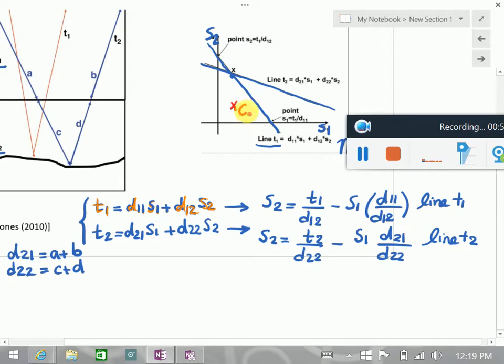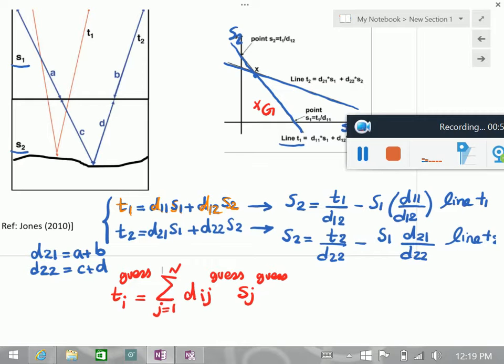Point G. So what we get is based on some Dij initial guess, times some guess on slowness, summation on j, right.